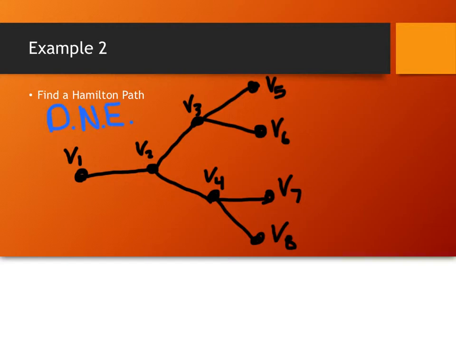You can kind of understand that if a Hamilton path doesn't exist, a Hamilton circuit is not going to exist as well, because a Hamilton circuit means you would go back to the first one. So you'd have a sort of embedded Hamilton path inside there.